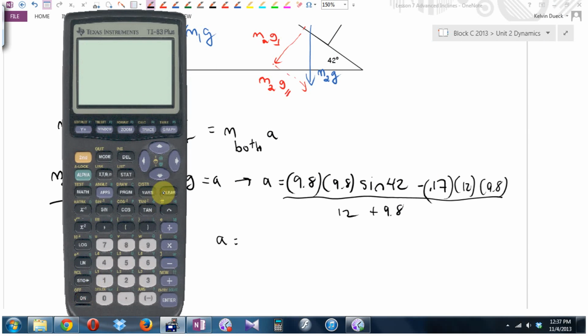And this is, again, one more reason why we abandoned up is always positive, down is always negative, because you can see, Nate, now I've got horizontal and slanty. How do I give that as a direction? I'll just find the magnitude, and I'll interpret direction as I need to, depending on which mass I'm looking at. 9.8 times 9.8, I guess we could have gone 9.8 squared, times the sine of 42, close off the bracket, minus 0.17 times 12 times 9.8, close off the top bracket, divided by, open a bottom bracket, 12 plus 9.8.